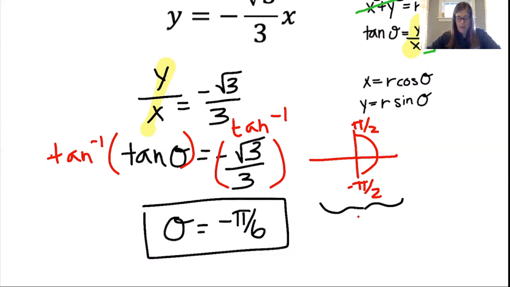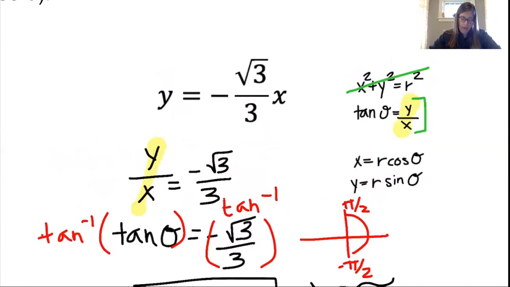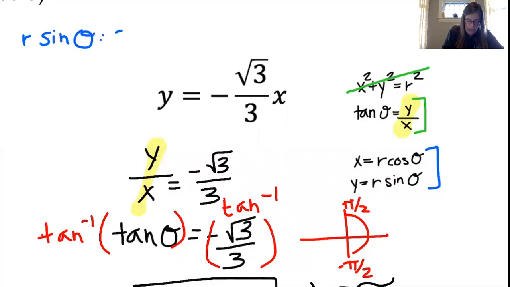This is an example where I could have done this problem another way. I could have used these two equations right here because I had an X and a Y. So I could have done R sine theta equals negative square root 3 over 3 times R cosine theta.